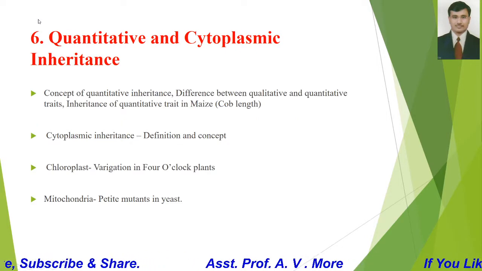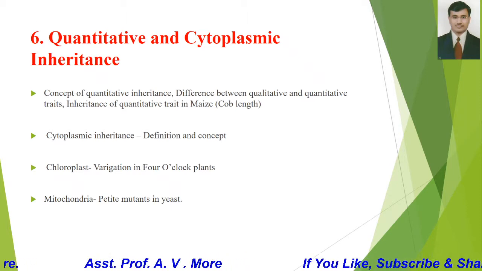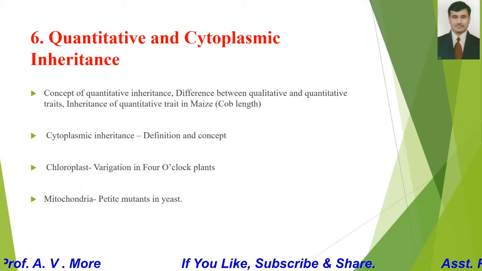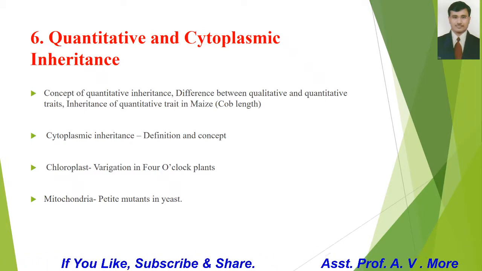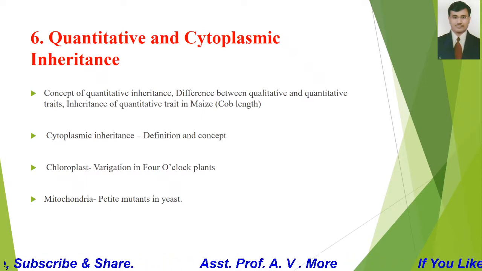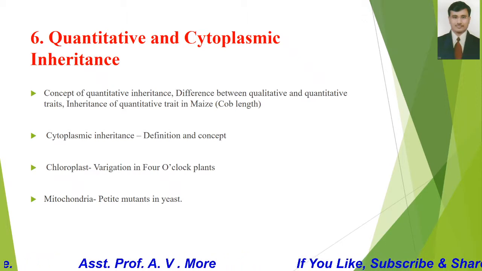Next, unit number 6, friends. Unit number 6, quantitative and cytoplasmic inheritance. In that topic we have to study the concept of quantitative inheritance, difference between qualitative and quantitative traits, and inheritance of quantitative traits in maize. Second one is cytoplasmic inheritance.